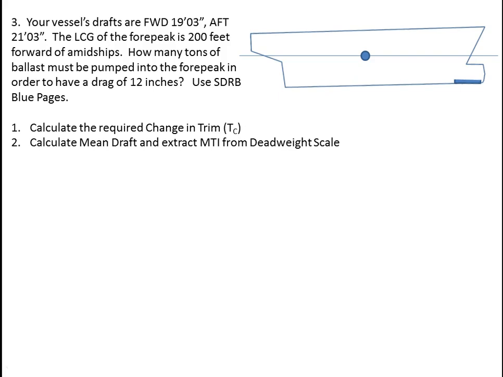MTI, or moment to trim 1 inch. That is how we're going to figure out what weight to place at a distance. Actually, we know that distance is 200 feet, but since we know the distance, we're going to figure out what the weight will be that we have to load at that distance of 200 feet in order to have that trim change the way we want it to.